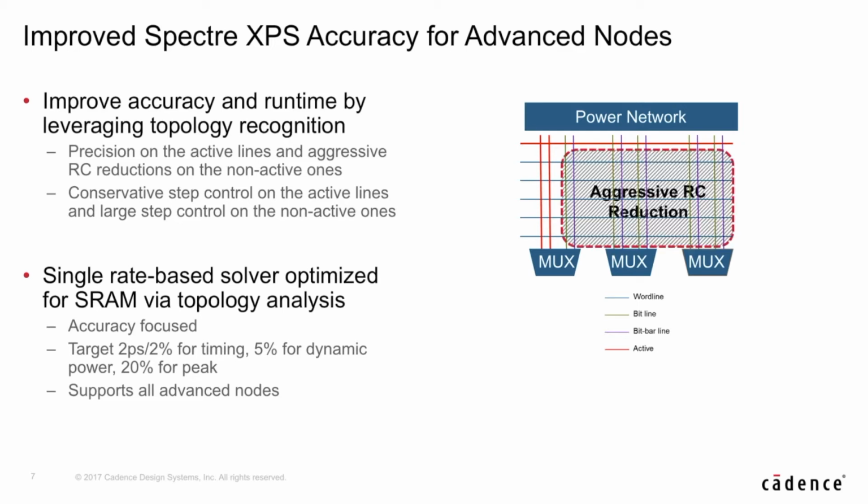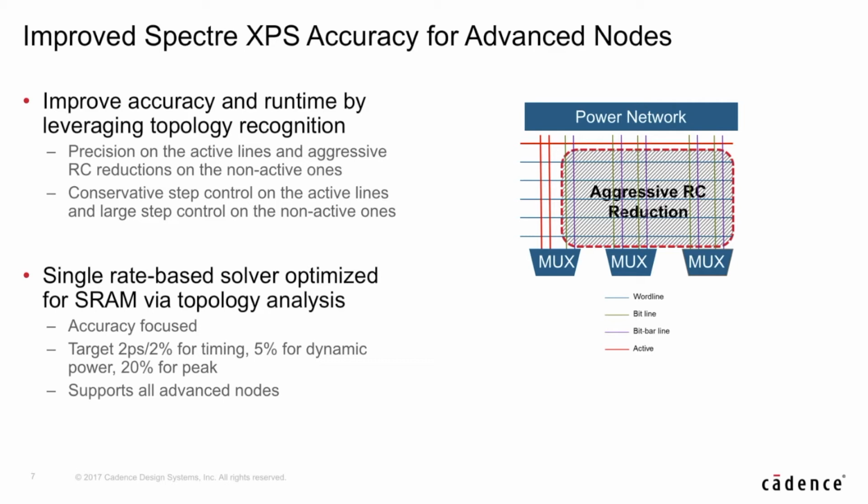So what we're doing here is applying the single-rate-based solver for the part that is active. We make sure the active regions get the really accurate single-rate solver, and also conservative RC reduction and conservative step control. That way you get the accuracy you need for the active word lines and bit lines.